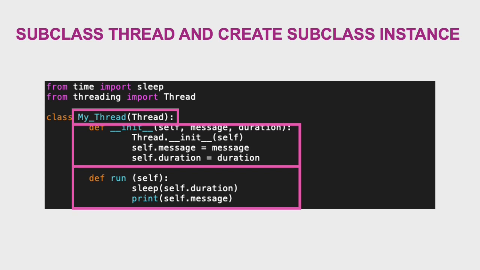The actual logic of the thread is implemented by overriding the run method. In this case, the logic is extremely simple, as we simply sleep for some time defined by the self-duration attribute of the class, and we print a message which is passed in to the constructor.